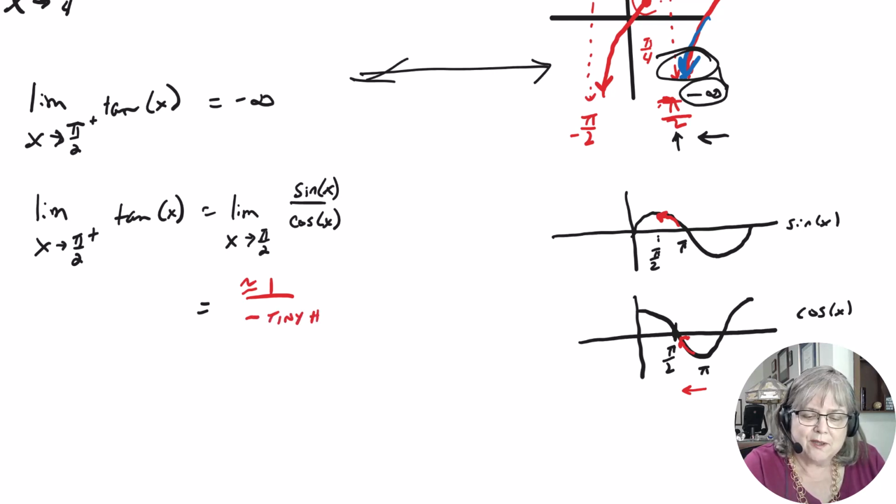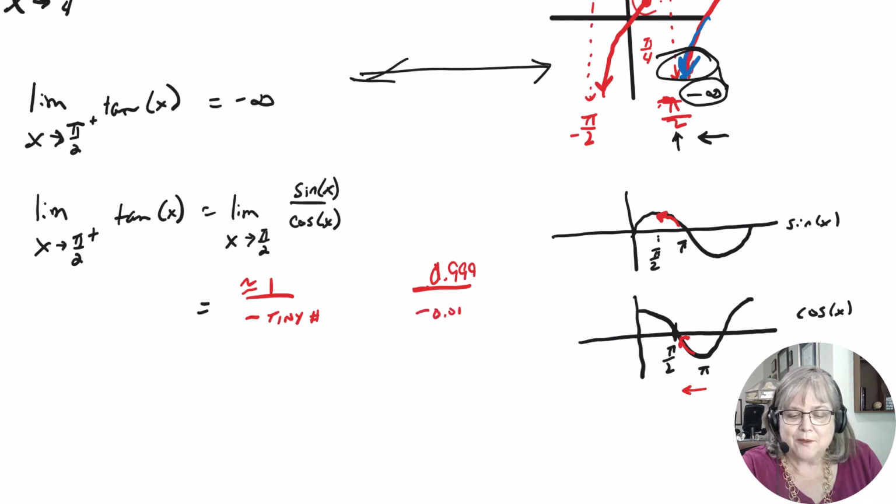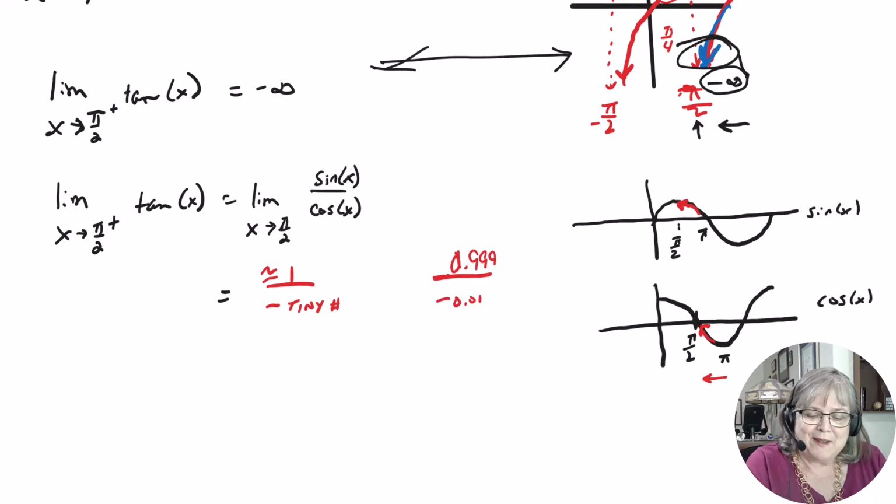And if your teacher gets almost ill when you say tiny number, you can make one up. So it's basically close to 1 over something, or if they get cranky about that, you could say it's like 0.99 over negative 0.01 or something like that, okay? But at any rate, any positive number divided by a tiny negative number, right, is going to be negative infinity, okay?